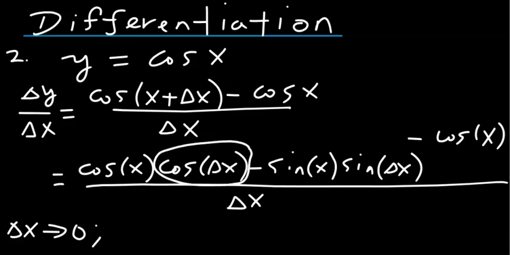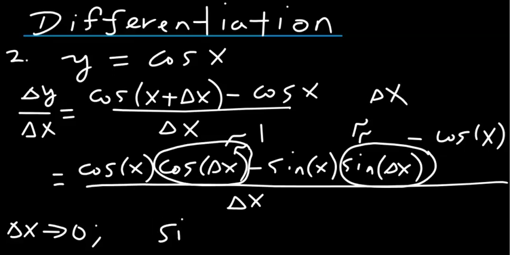When delta x tends to 0, cosine delta x is approximately 1, whereas sine delta x will tend to delta x itself, because sine of theta will approach theta when theta goes to 0. That's the limit.